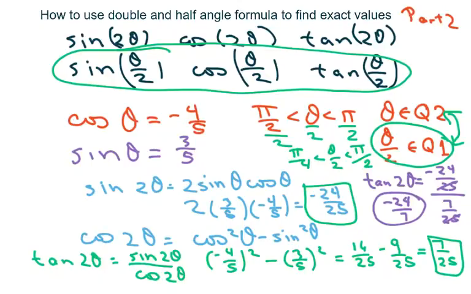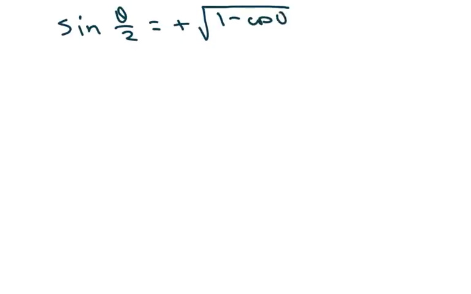So that means for my formulas, I'm going to use sine of theta over 2. I'm going to use the positive, which is the square root of 1 minus cosine of theta over 2. And for sine, cosine is negative 4/5, so we get square root of 1 minus a negative 4/5 over 2.